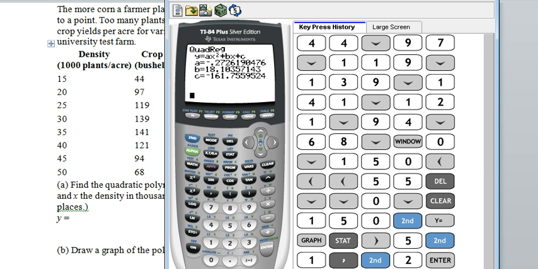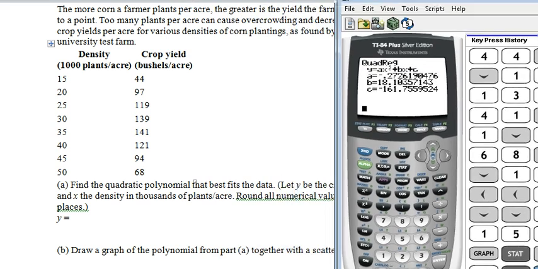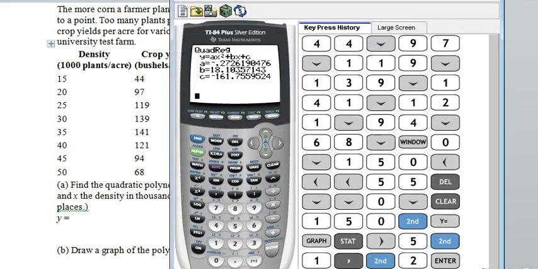Press enter, and there we have our coefficients. So a is negative 0.272 or 3. I believe we are this time wanting to round to 3 decimal places. Yes, that is correct.